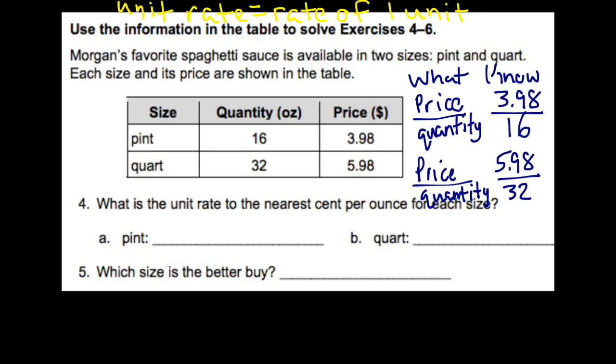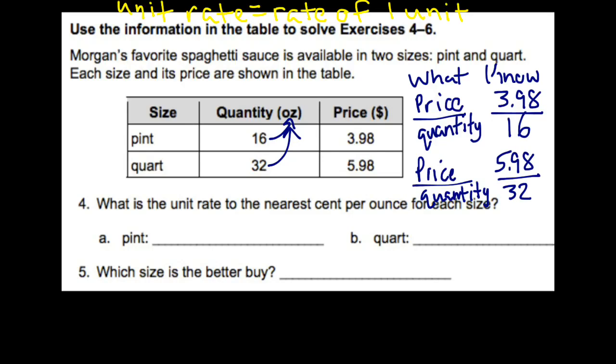Now, when I say 16 pints, I actually mean 16 ounces, and when I say 32 quarts, I actually mean 32 ounces, because in the table it says quantity is ounces, so it's telling you how many ounces it is in a pint. So there's 16 ounces in a pint, and there's 32 ounces in a quart. So these are the same type of measurements, so we can compare them.